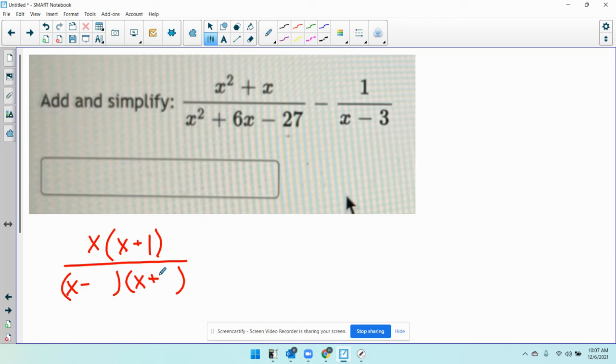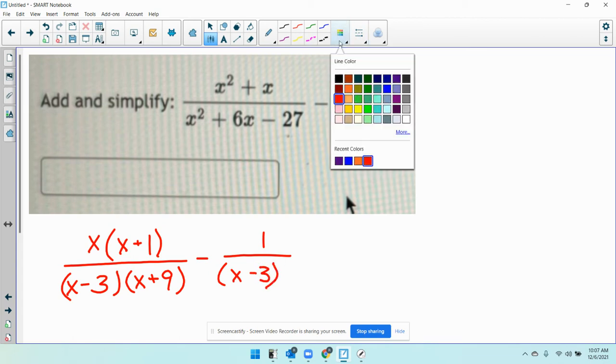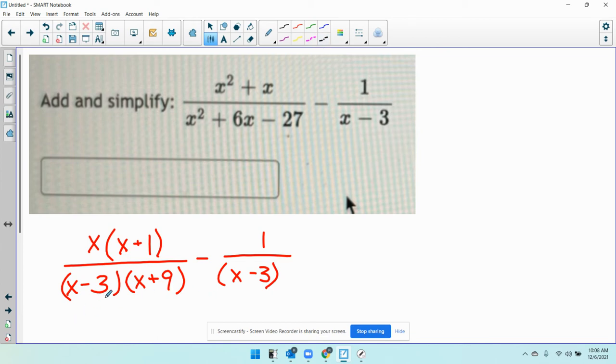So what is that? Let's see, 9 and 3. Positive 9, negative 3, minus 1 over x minus 3. Even though now I have a little bit more complicated of a numerator, I don't really care about it. I just want the denominators to be the same. x minus 3, but this has an x plus 9. So I have to get this to have an x plus 9.